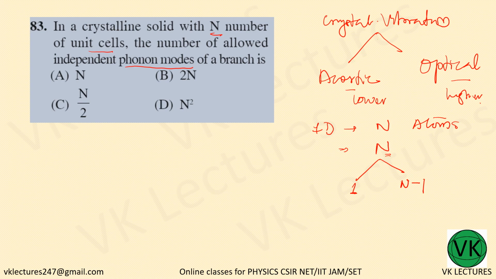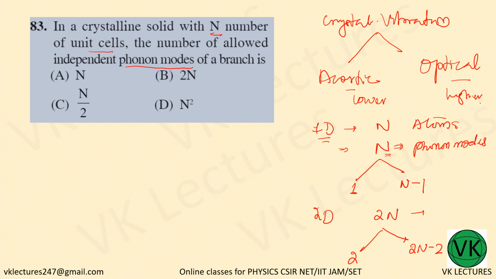This is for one dimension. Now for two dimensions, the number of phonon modes is 2n. For 2D there will be 2n phonon modes or phonon vibrations. Out of that, 2 will be acoustic and 2n minus 2 will be optical.